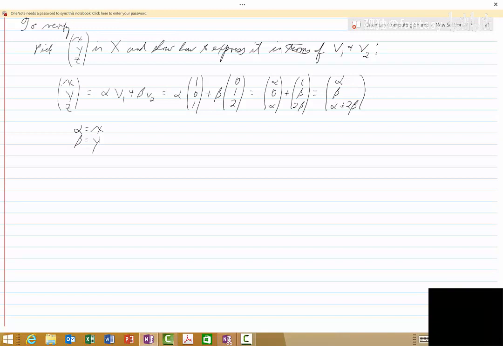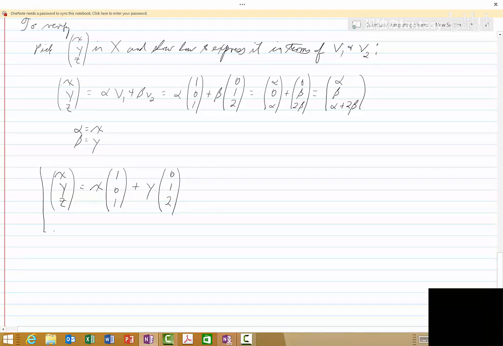So x, y, z I'm claiming is equal to x times 1, 0, 1 plus y times 0, 1, 2.